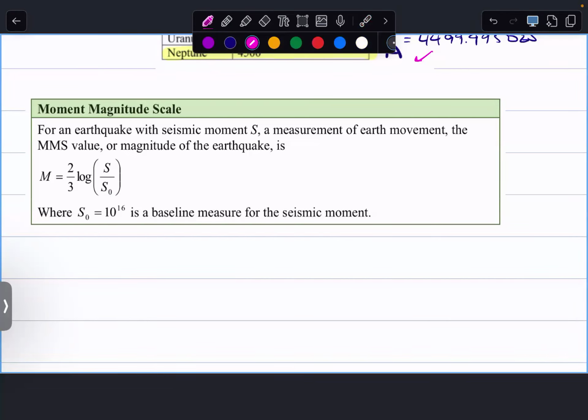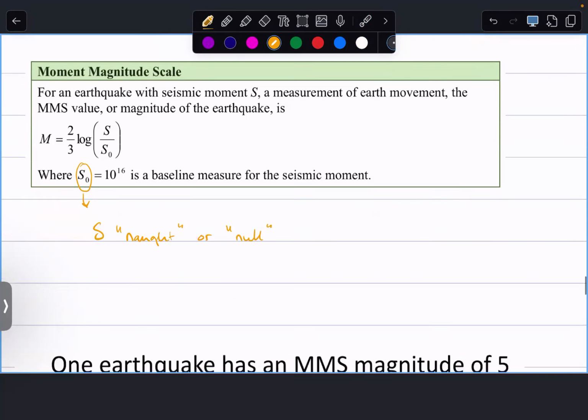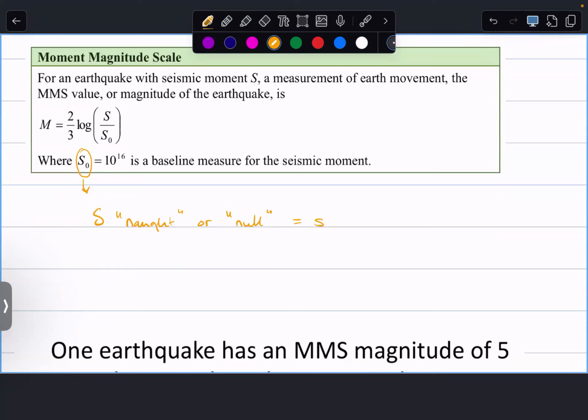So this is S naught, or null, or 0, which is always a starting point, an initial value. S naught is always going to be 10 to the power of 16, which is a baseline measure for seismic moment. Okay.